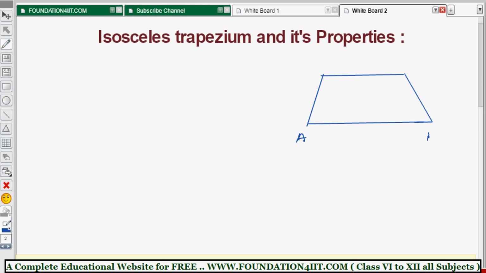So AB, CD. An isosceles trapezium means one pair is parallel, so it's a trapezium, and the non-parallel sides are equal. That means AD is equal to BC. Here AB is parallel to CD and AD is equal to BC.